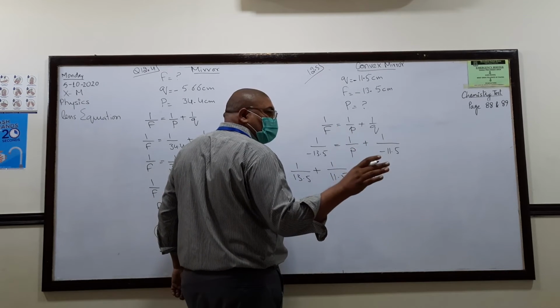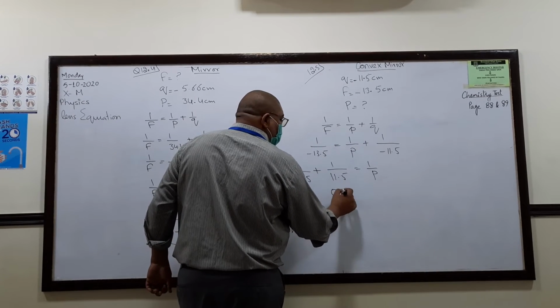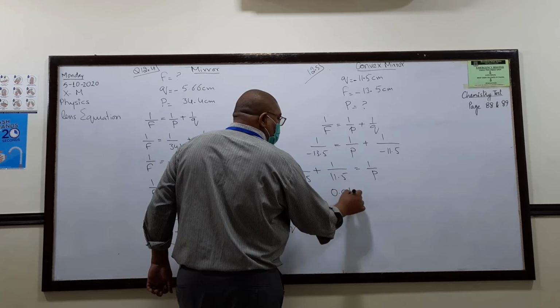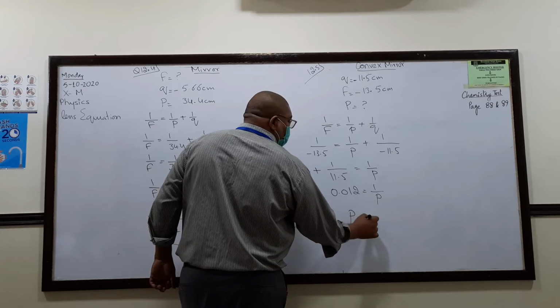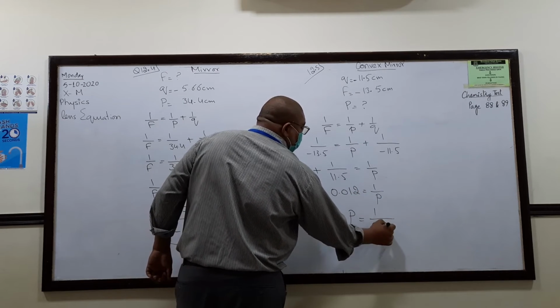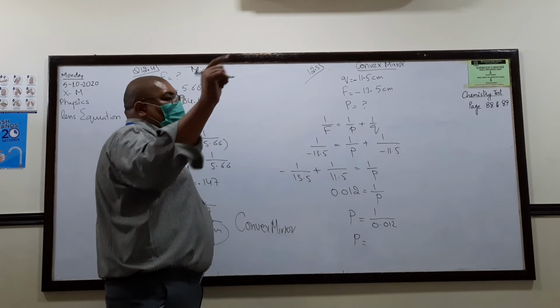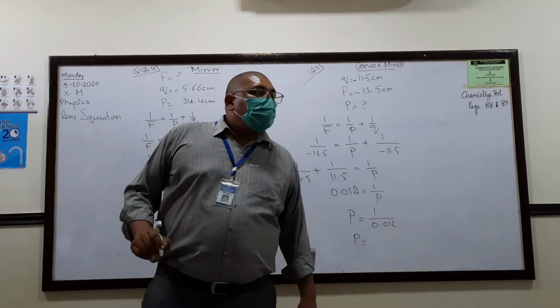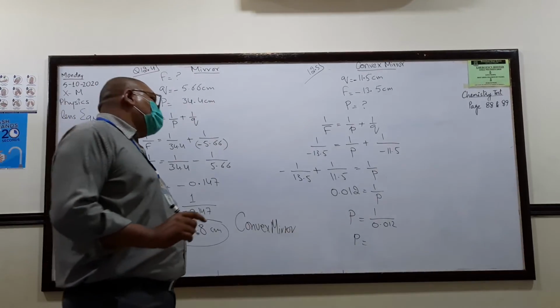What's the answer? 0.012. Okay, don't delete it. So P will be equal to 1 divided by 0.012. So on your calculator write 1 divided by answer equals. What's the answer?